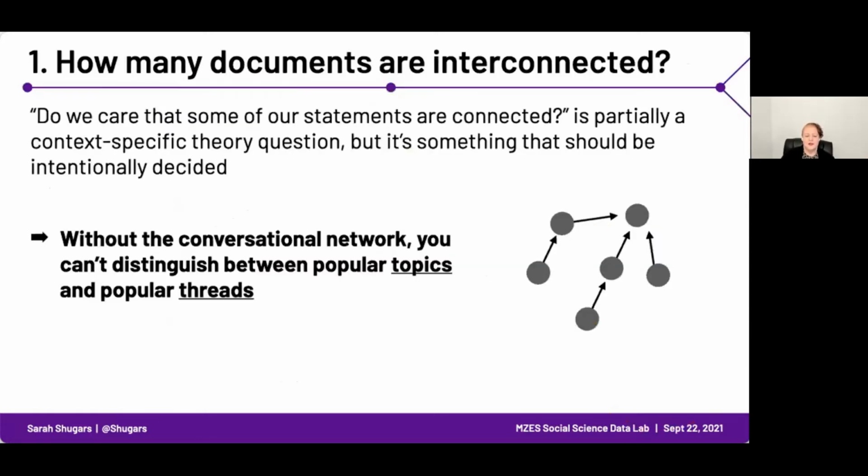The degree to which this is a problem might vary based on your specific corpus and your research question. But the key thing here is that without thinking about this conversational network, we can't distinguish between issues that are widespread and talked about by lots of people versus specific threads or conversations that are active, but where that topic is more isolated.